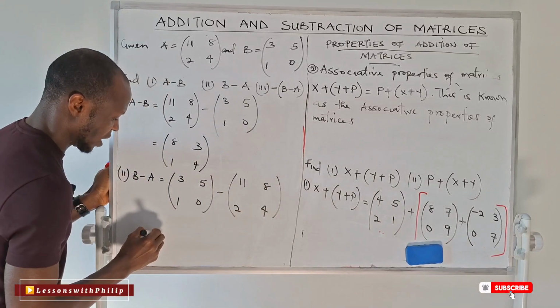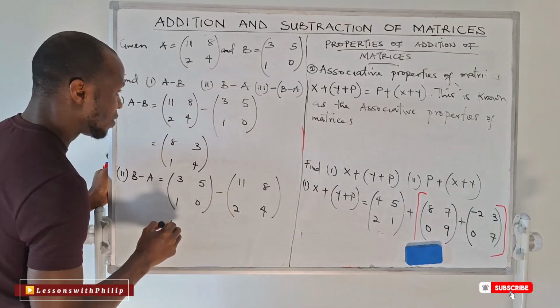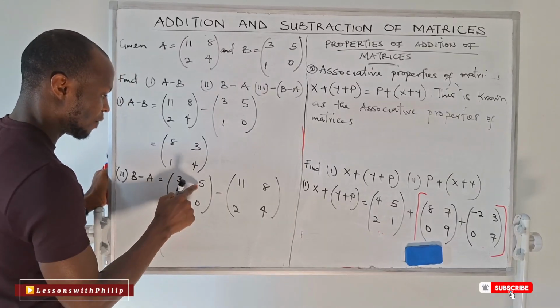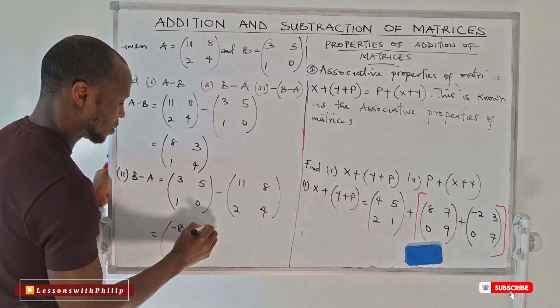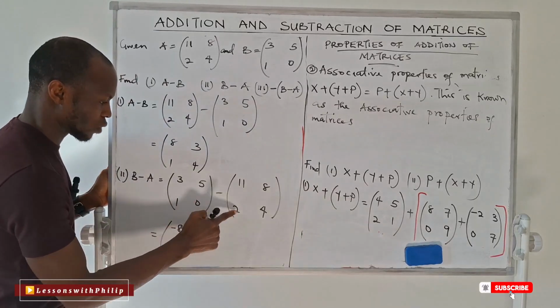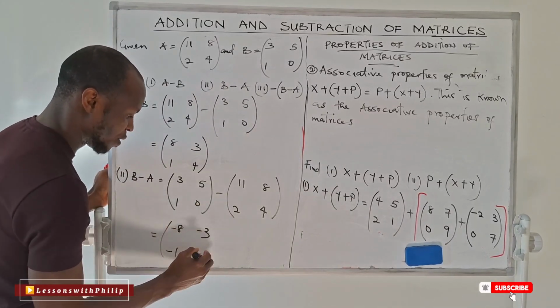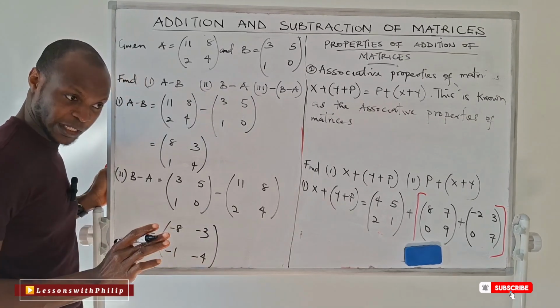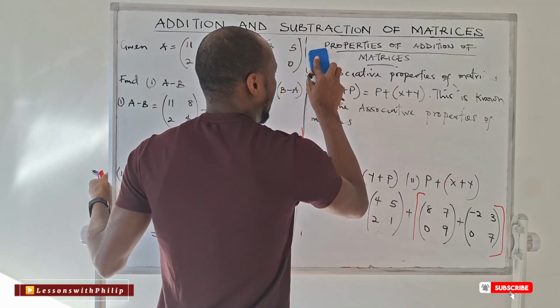If you subtract those two matrices, 3 minus 11 will give me minus 8. Okay? 5 minus 8 will give me minus 3, right? 1 minus 2 will give me minus 1, right? 0 minus 4 will give me minus 4. Okay? Do you get it? Perfect. All right.